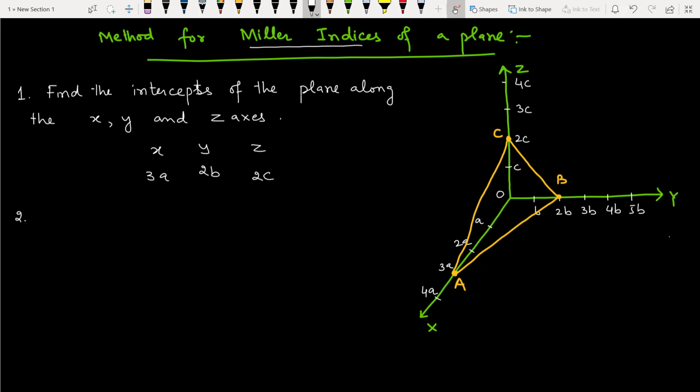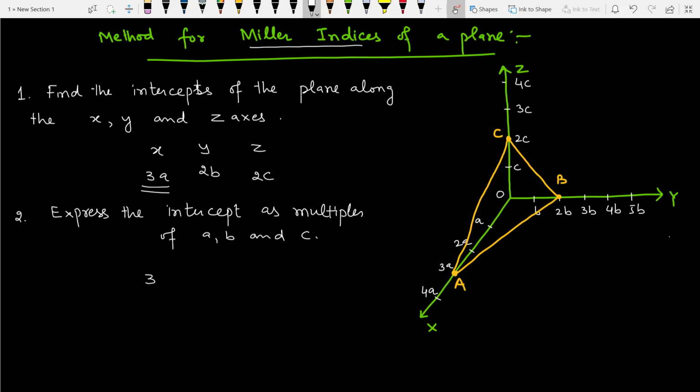Second is express the intercept as multiples of A, B and C. So the multiple of A is 3, multiple of B is 2, multiple of C is 2.